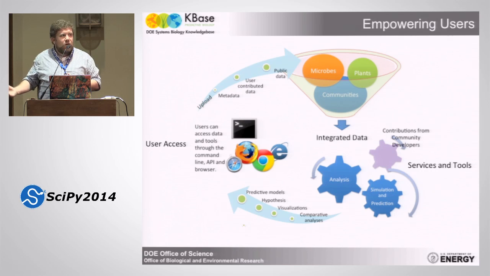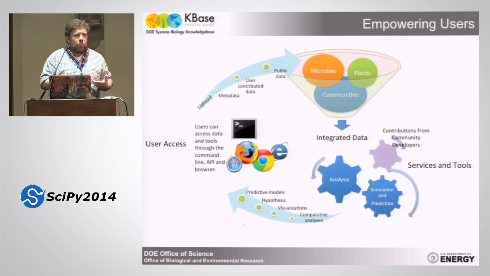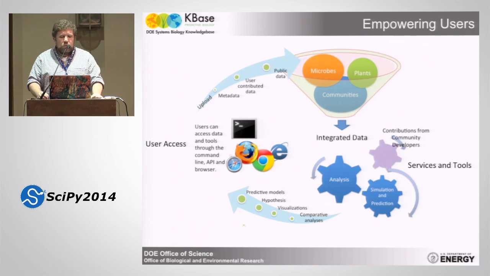Use the KBase system itself and a number of API and method calls that are already available and continually growing to do analyses on these data objects. And in the end, produce comparative analyses from these data, visualize the outputs, and really generate hypotheses and predictive models of how the different things would really act in nature.